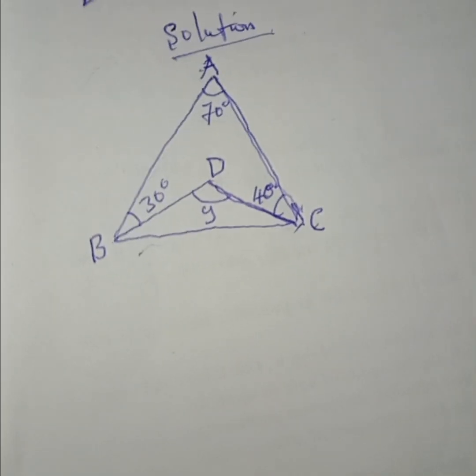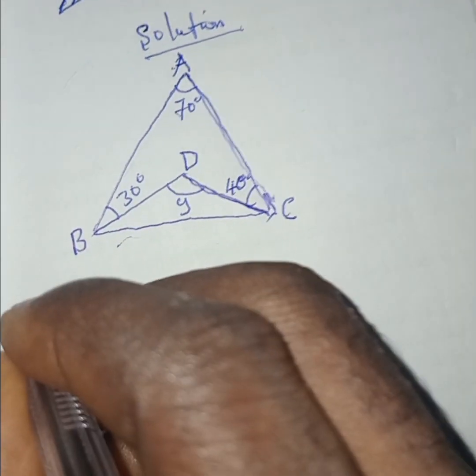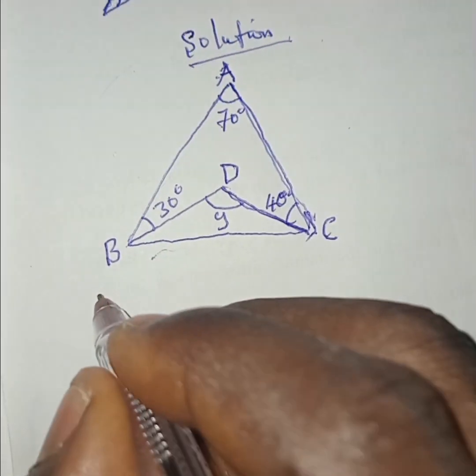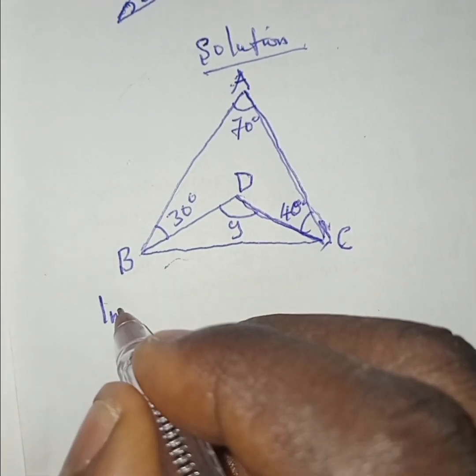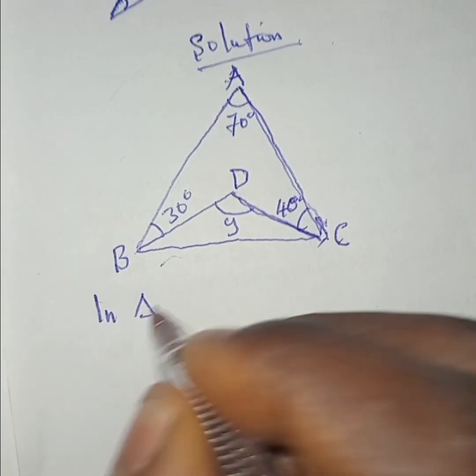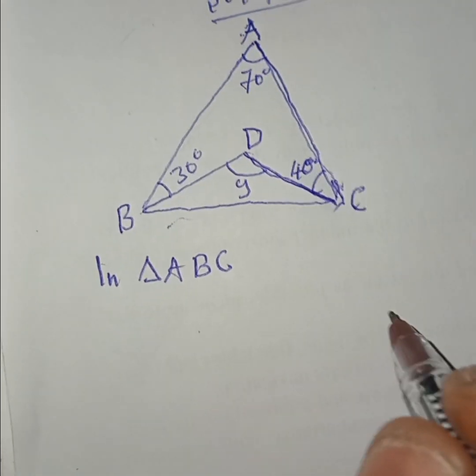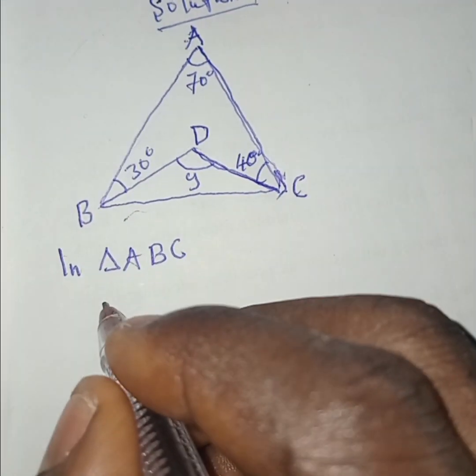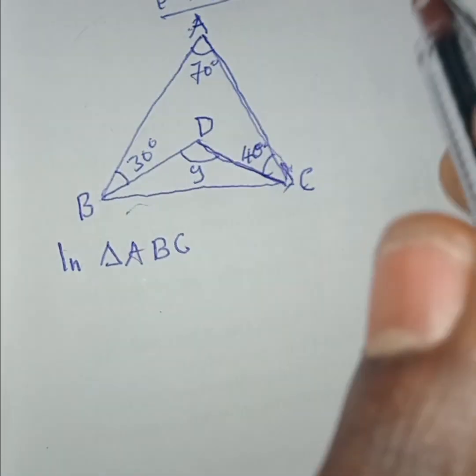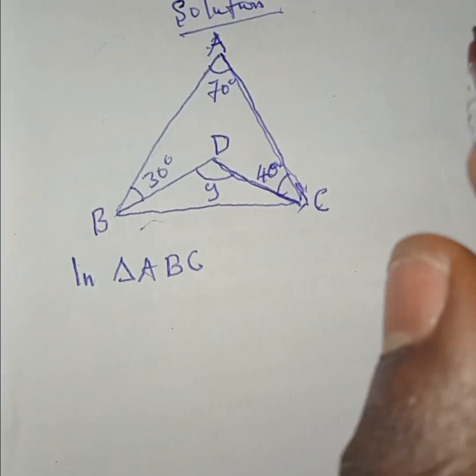Now let's start. In triangle ABC, can you see? Remember, the angles in a triangle equal 180 degrees.